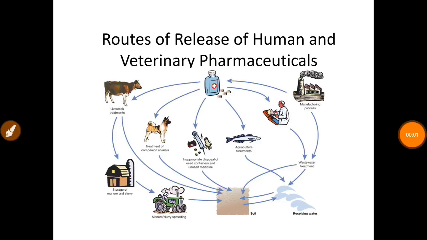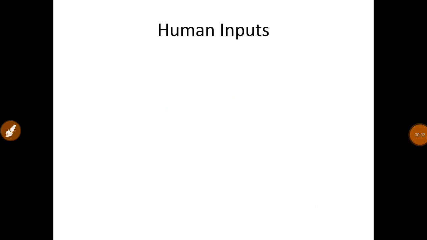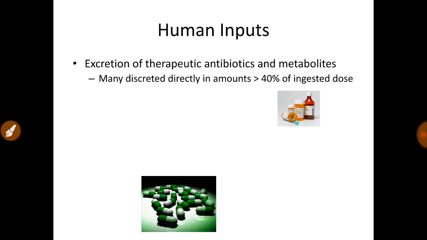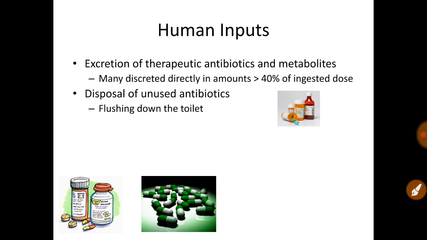Now human inputs. The most important is excretion of antibiotics and metabolites, which are secreted directly in amount of about 40% of ingested dose. Then we also dispose of the unused antibiotics by flushing them down into the toilet.